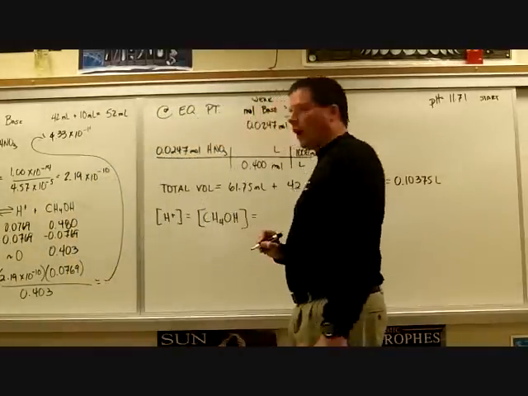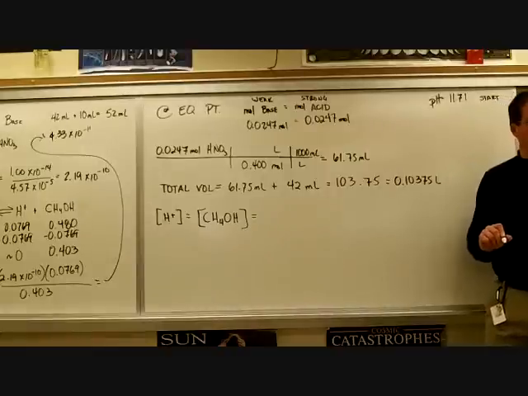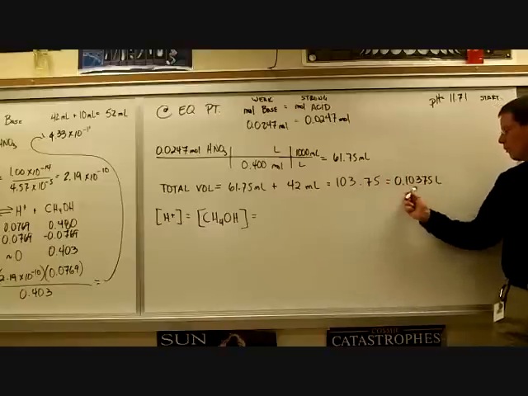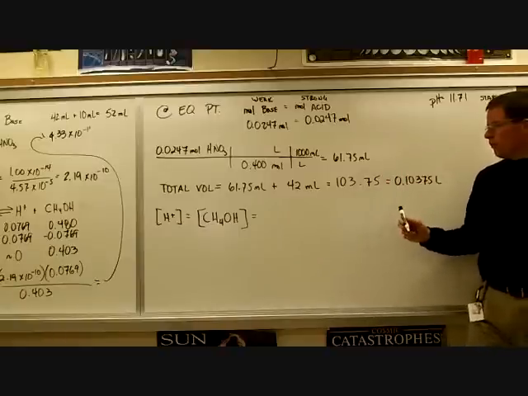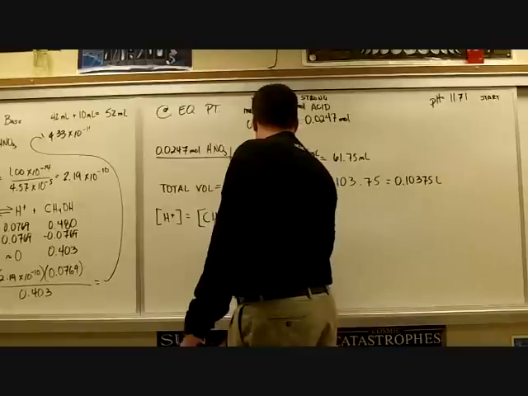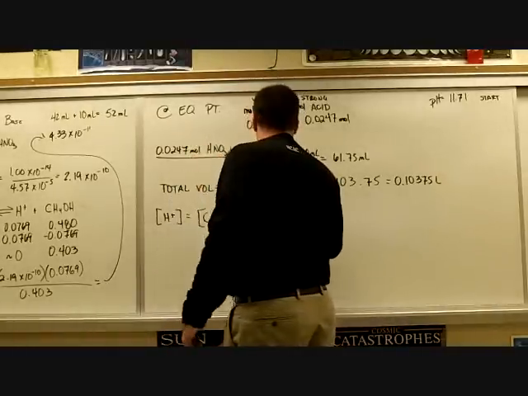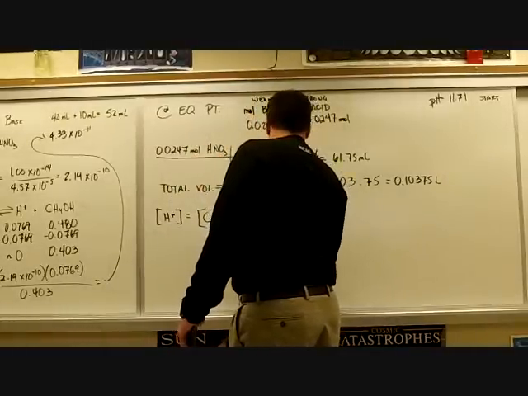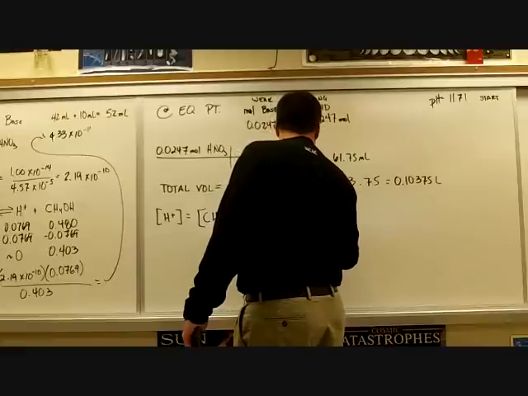These concentrations are going to be the same at the equivalence point. They better be. And the total volume, they're both in the same container. So the number of moles, but don't add the moles together. Don't do that. Over 0.10375.